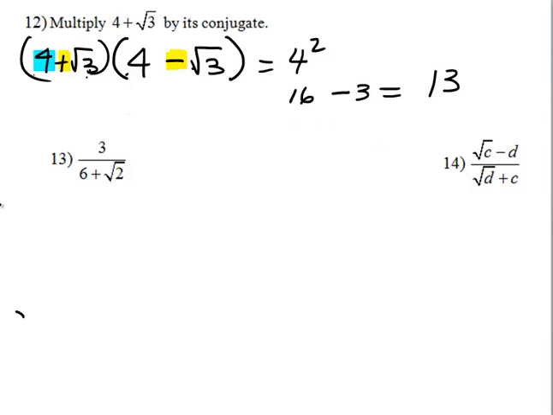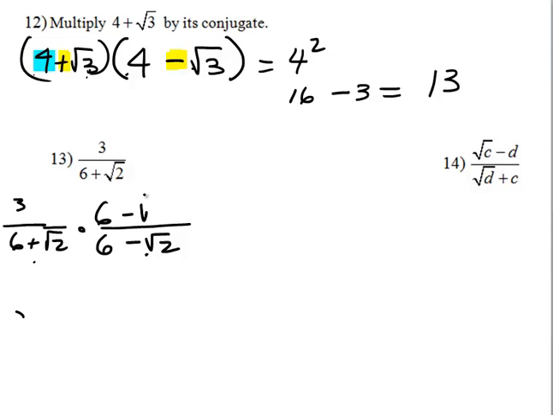Let's take a look at this one. I have 3 over 6 plus the square root of 2. To cancel that out, I'm going to multiply it by its conjugate. Okay, and what I do to the bottom, I do to the top. So I'll have 3, 6, over, and again, I'm not going to do all the hard work.